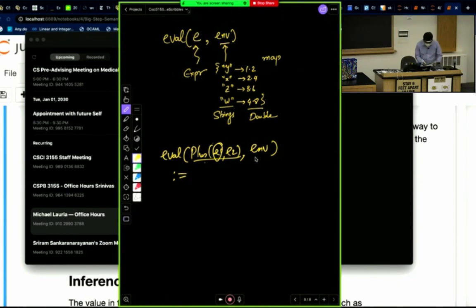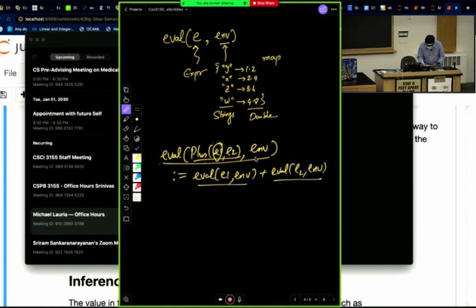So the way you would write it is to say this eval is the same as eval of E1 under the environment plus eval of E2 under the environment. So I get both the values and I just add them up. Okay, and this defines how I evaluate the plus of two expressions under an environment: evaluate each of the sub-expressions, take the values, and add them up using the addition rule.